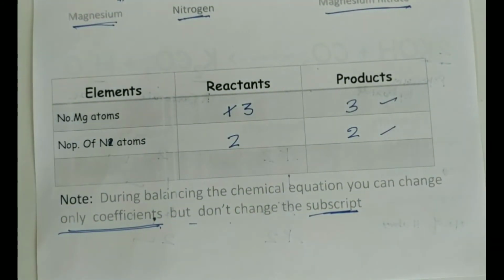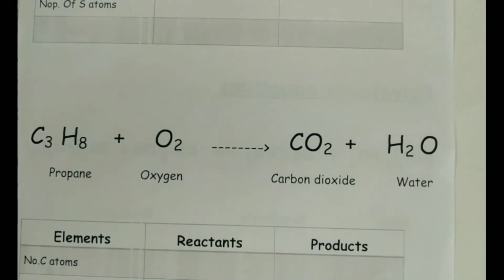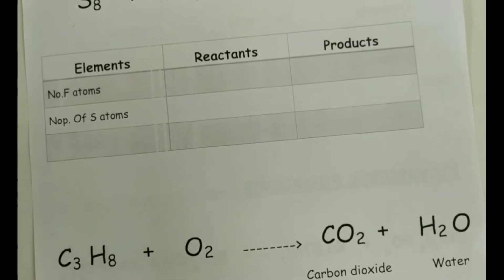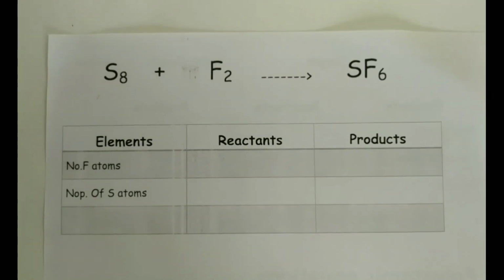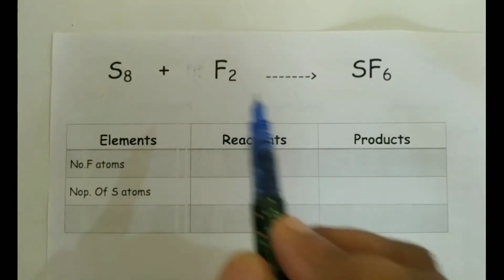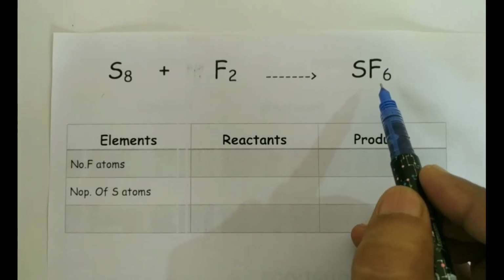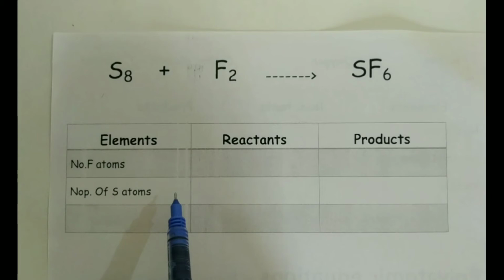We'll take one more example, that is sulfur. Sulfur plus F, meaning fluorine, so formation of sulfur fluoride. Is this chemical equation balanced?